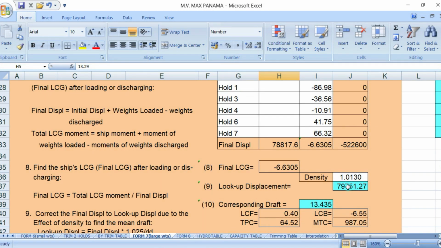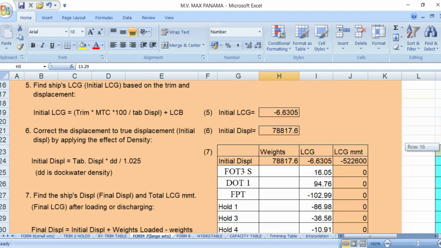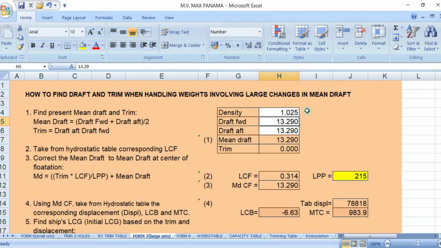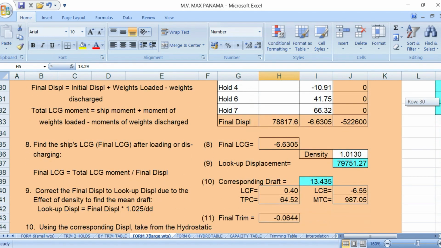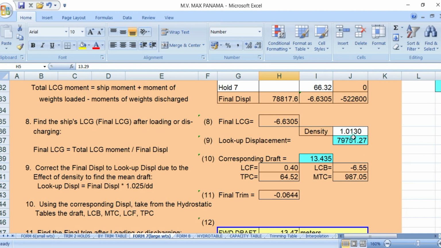So from this draft in salt water of 1.025, if she floats in a density of 1.013, there will be a change of displacement to 79751, and his draft will change to 13.435.